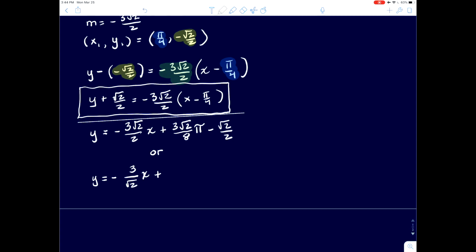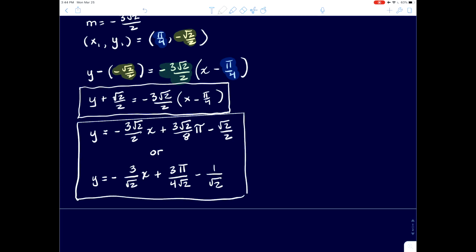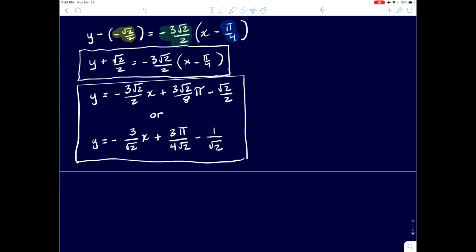So then that will simplify to be 3 pi over 4 root 2. And then we'll have minus 1 over root 2. Okay, so that's all good, all equivalent results.